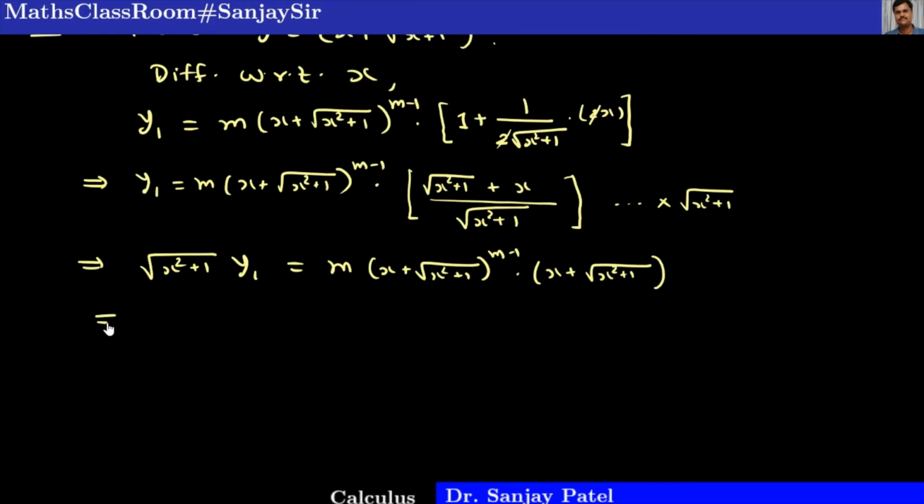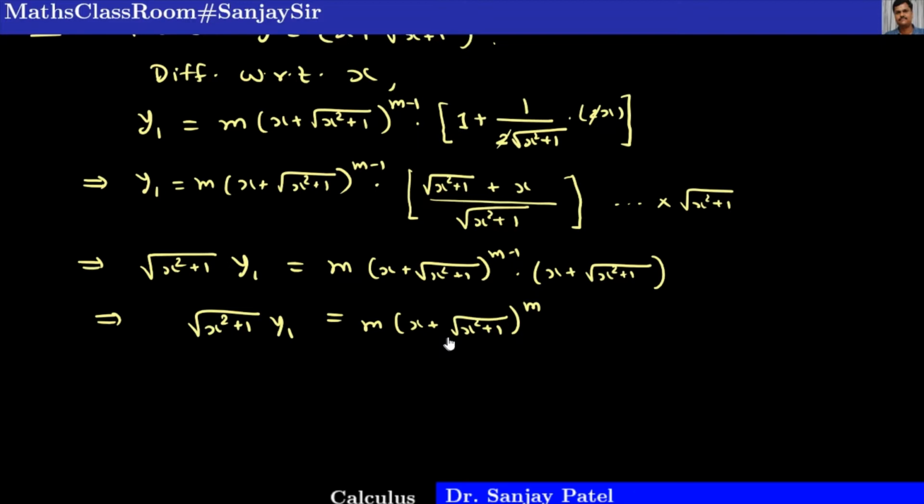I can simplify and write it as square root of x square plus 1 into y1 is equal to m times (x plus square root of x square plus 1) whole raised to m.